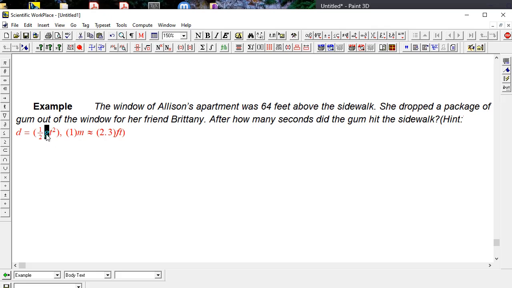The gravity is 10 meters per second squared, as you know, or 9.8, but approximately 10. The gravity is measured in meters per second squared, the standard unit, but the question is in feet. Look at the question, it's given in feet. So 1 meter is equal to approximately 3.3 feet. Use these two facts and give me the exact answer.